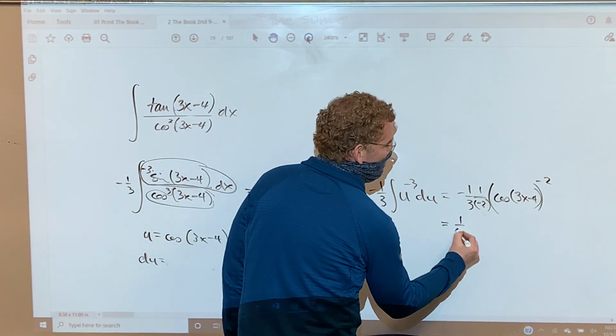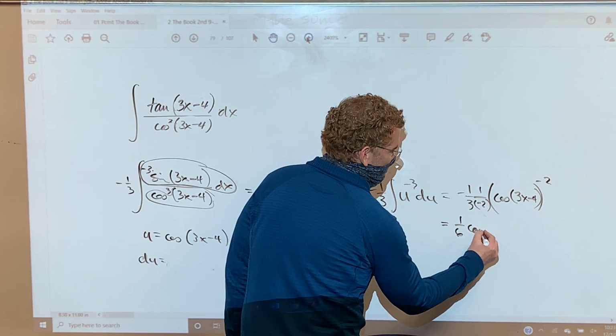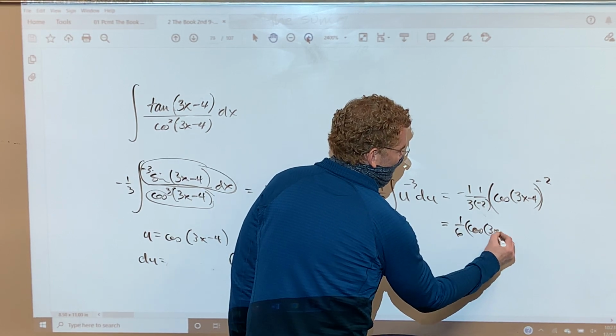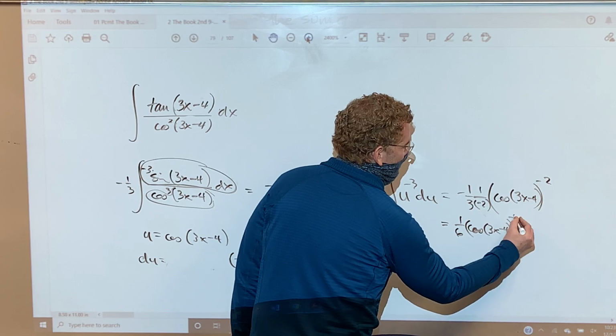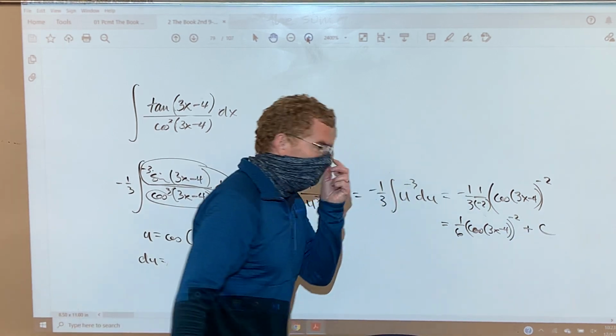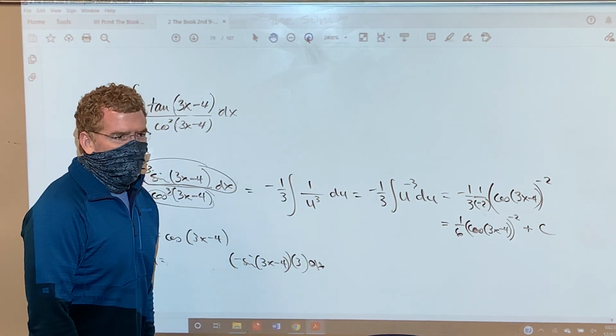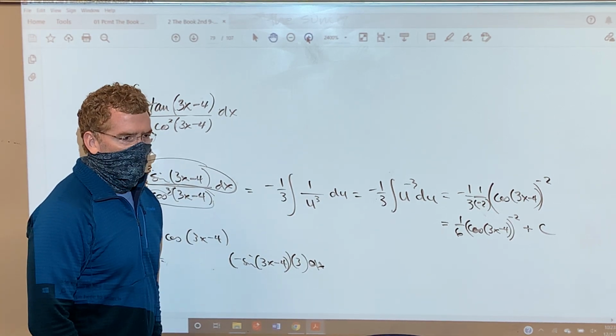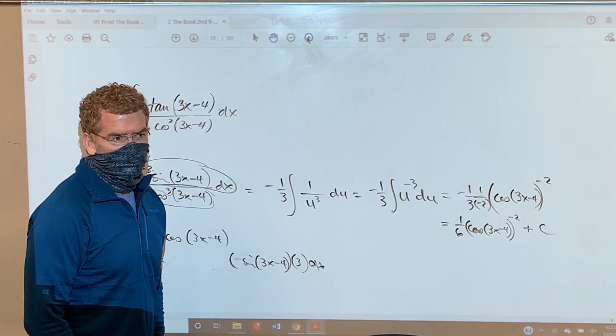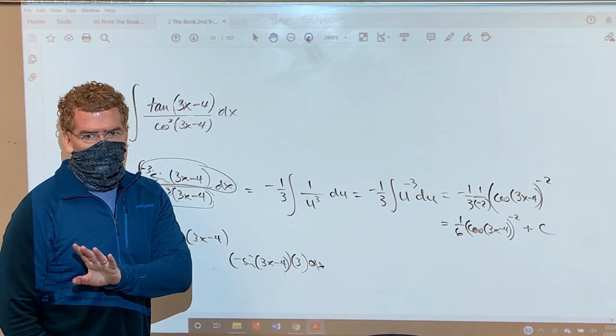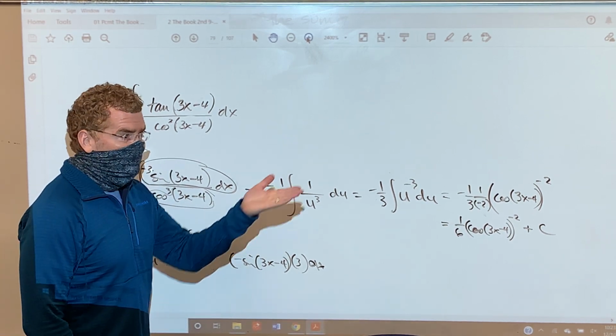So you'd end up with 1/6 in parentheses cosine 3x minus 4 quantity to the negative 2 plus c. Now what is that? Cosine to the negative 2 is a what? Hold on, negative 2, not negative 1/2. It means 1 over, right?